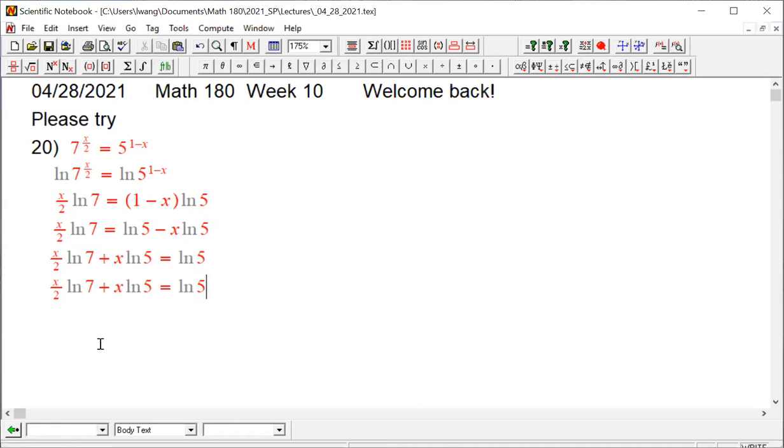Multiply by 2. And factor out the x. And finally, x equals to, this piece is in the denominator, and that piece is on the top.